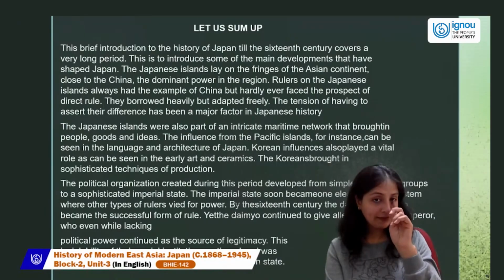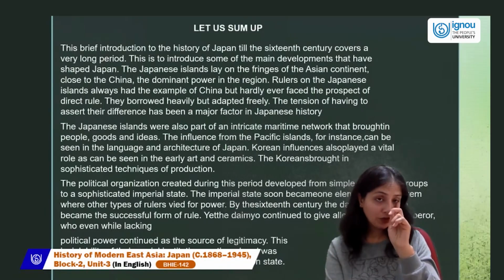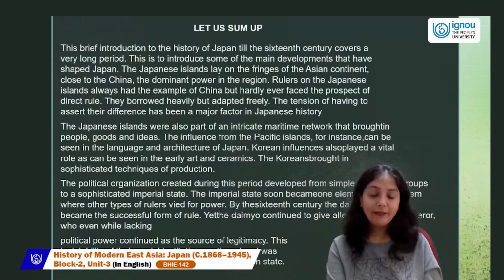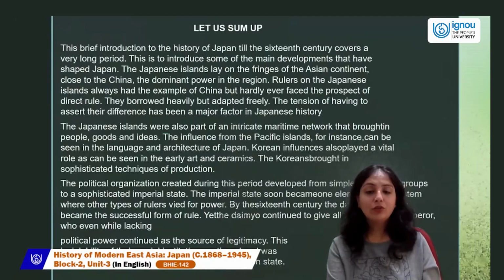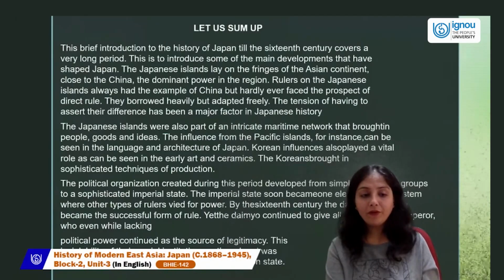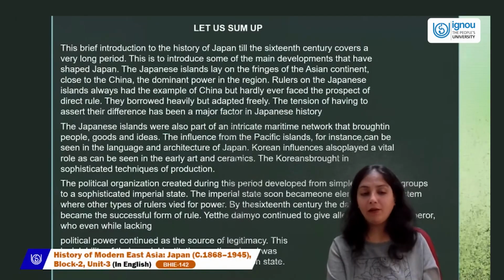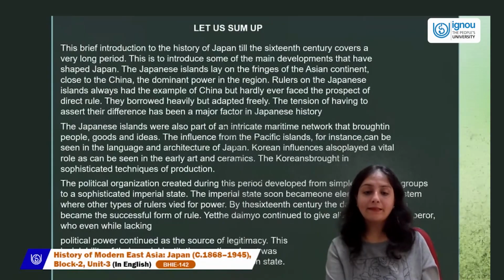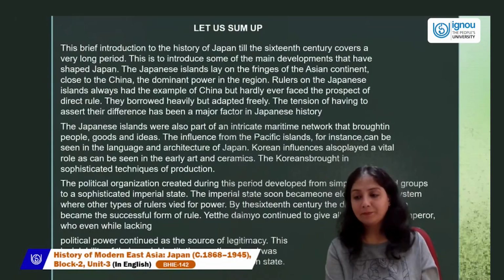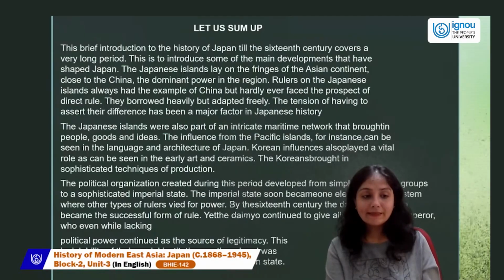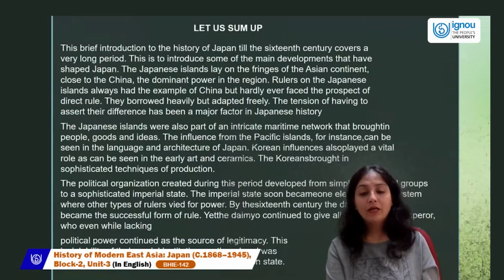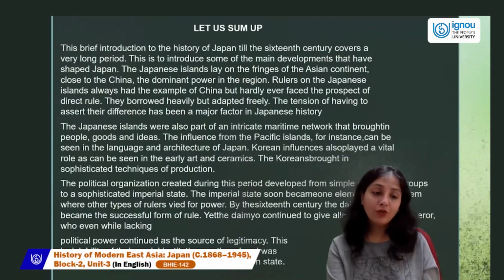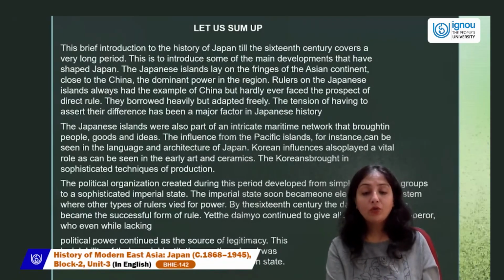Yet the daimyo continued to give allegiance to the emperor, who even while lacking political power, continued as the source of legitimacy. This inviolability of the imperial institution continued and was used in the modern period to build a modern nation state.